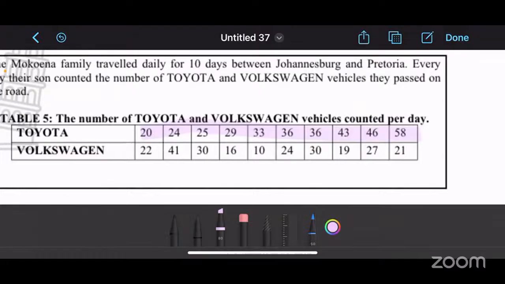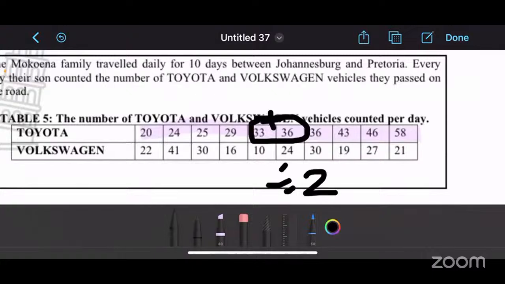There are 10 numbers, so the 5th and 6th are going to give the median. We add 33 and 36 together and divide by 2 because it's two numbers. So 33 plus 36 is 69, divided by 2.